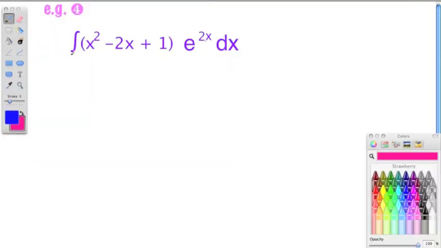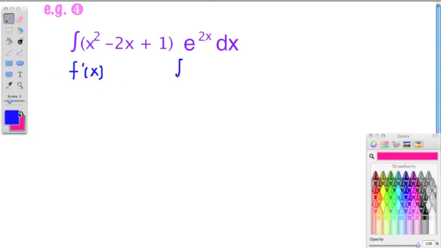So now let's move on into the fourth example. Here is a much more complex function. Again, we would use the tabular method. We will divide into two columns, the differentiation column and integration column.